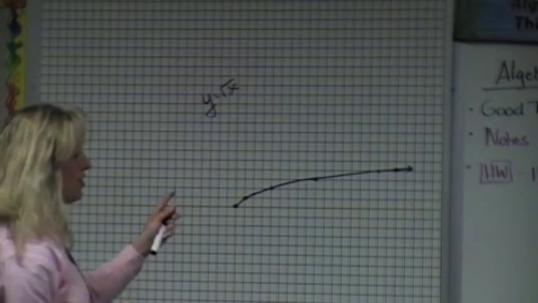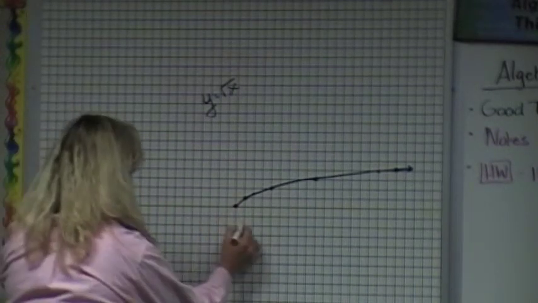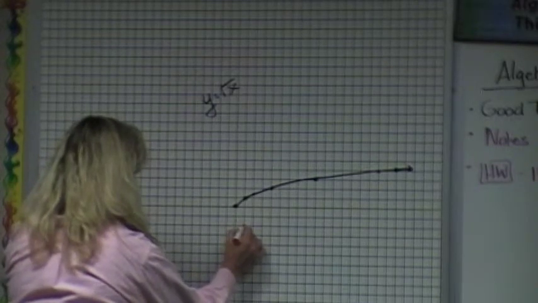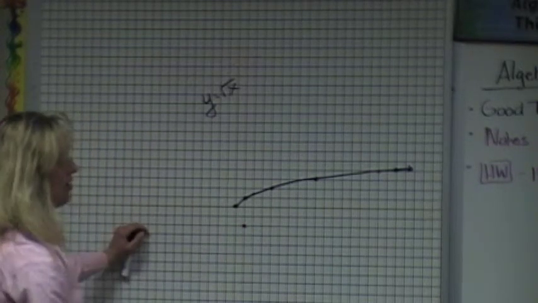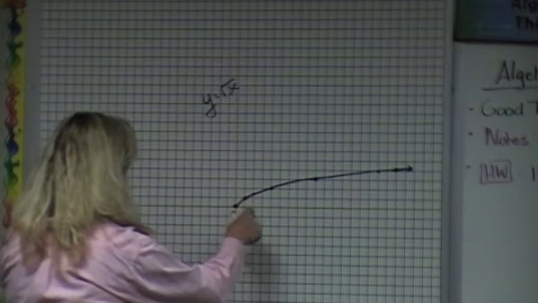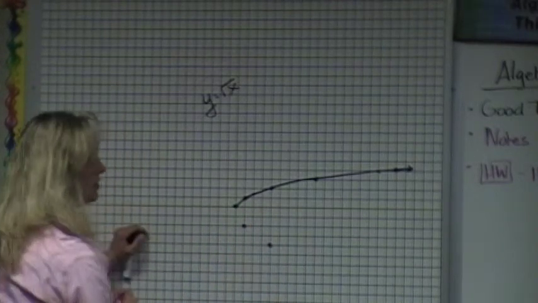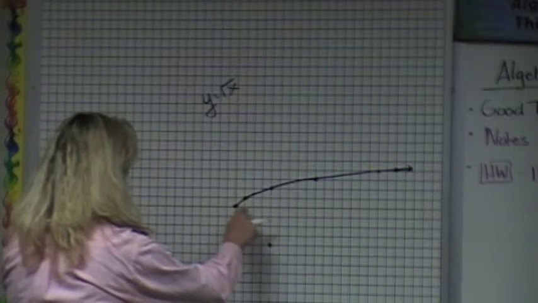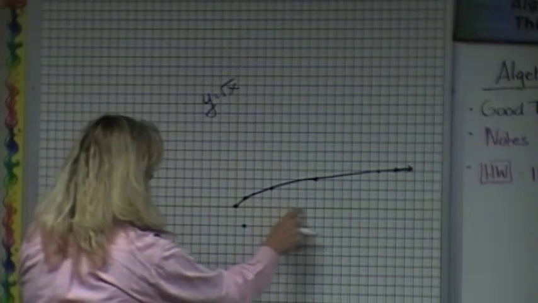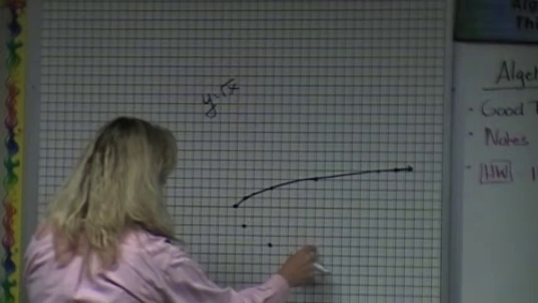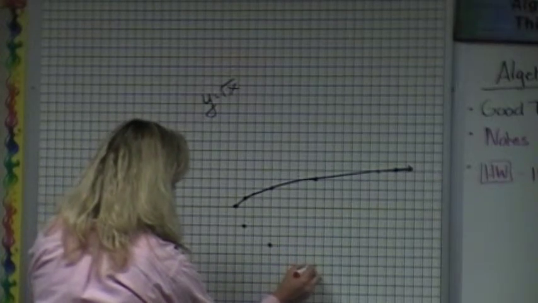But then we go over 1 and down 2. There's the next point on my curve. Then over 4, down 4. There's the next one. Then over 9, down 6. There's our next one.